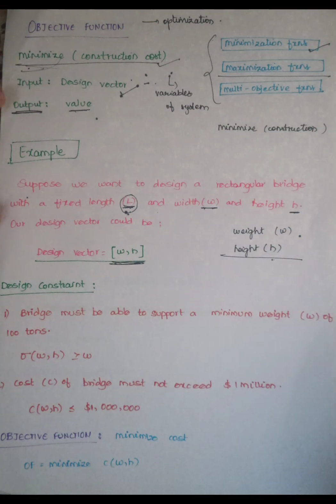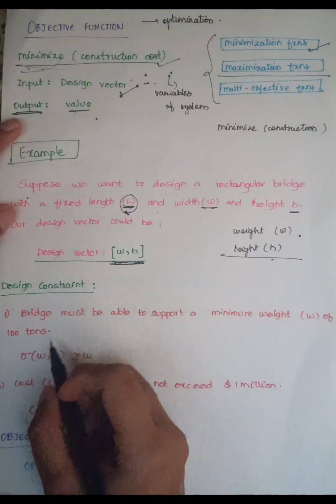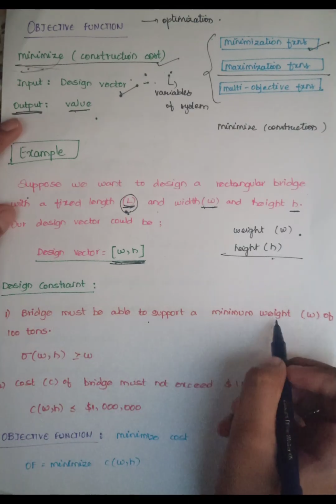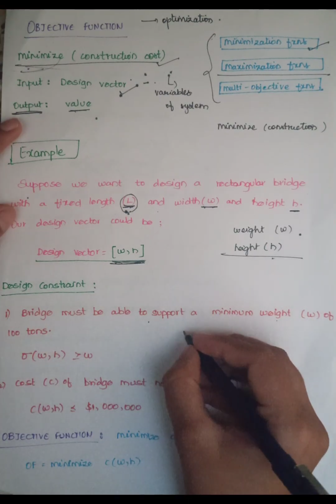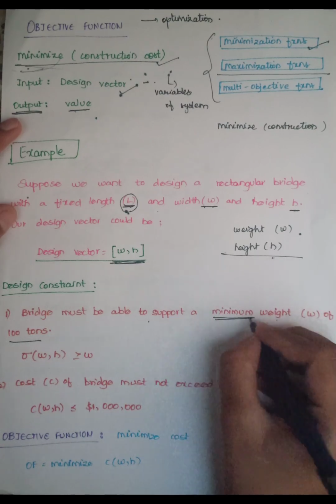So the next thing we must define is the design constraint. We already learned what constraints and design constraints are, right? What design constraints tell us is that they limit the design variables or set rules on the design. So the first constraint we have been given here is that the bridge must be able to support a minimum weight of 100 tons. So the weight is given as 100 tons and it's given as a minimum.